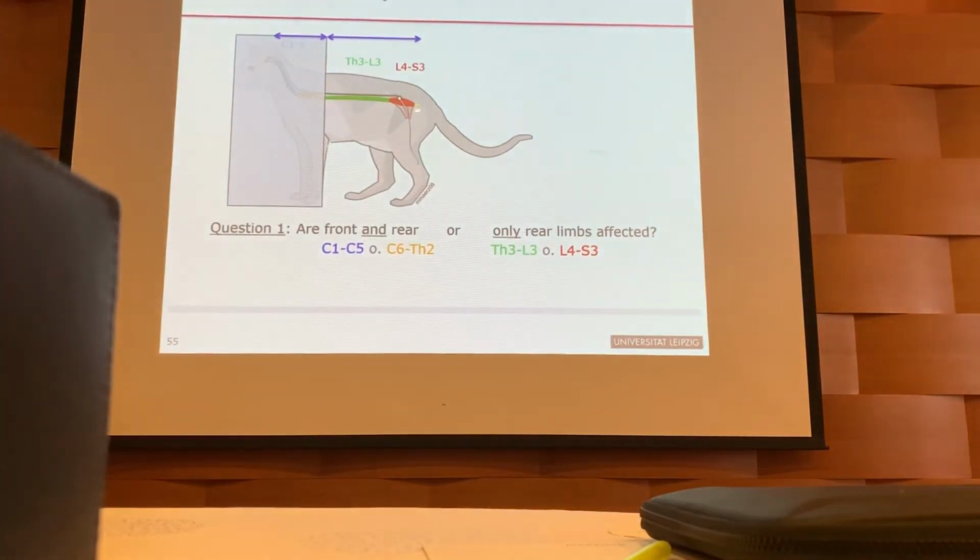They come from that area. If I find at least one reduced segmental spinal reflex, the problem is here. Or if I do not find any reduced segmental spinal reflex, the problem is T3-L3.